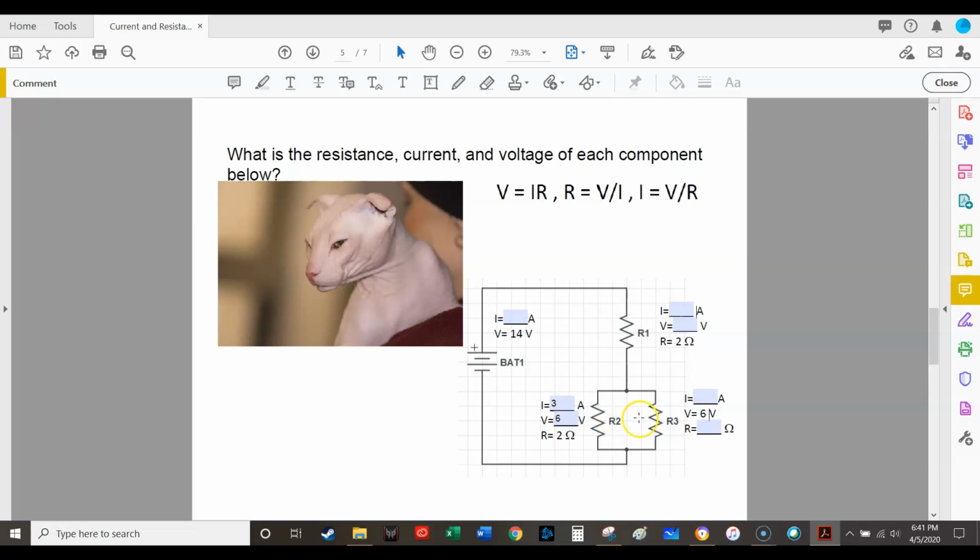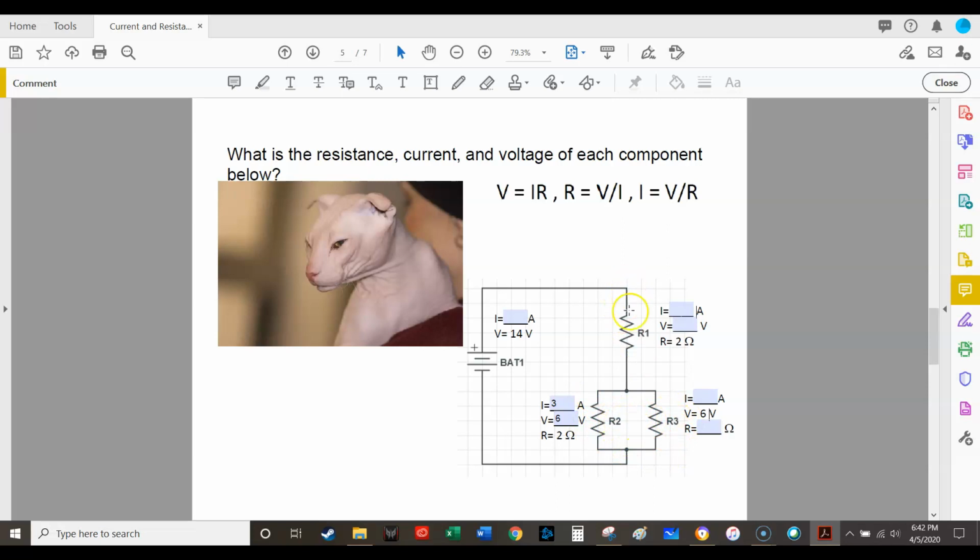Because what we had learned is we had two resistors in parallel with each other. I believe it was 18 volts and 18 volts. 18 volts plus 18 volts was 36 volts, yet the battery is only producing 18 volts. So altogether this is just 6 volts. It's not 18 volts plus 18 volts or 6 volts plus 6 volts. It's just 6 volts altogether.